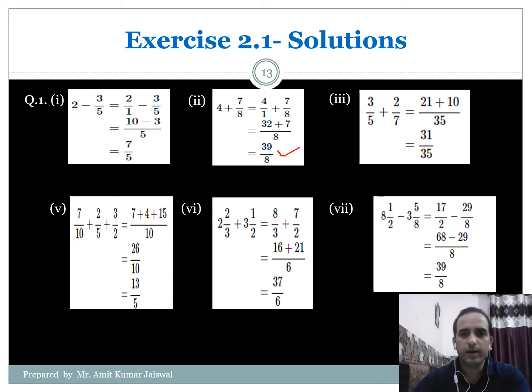So in all the parts, the concept of taking the LCM and making the denominators equal by finding their equivalents is the same.